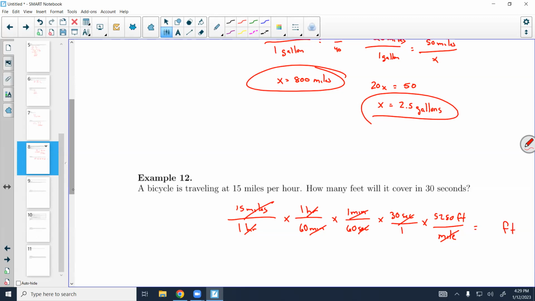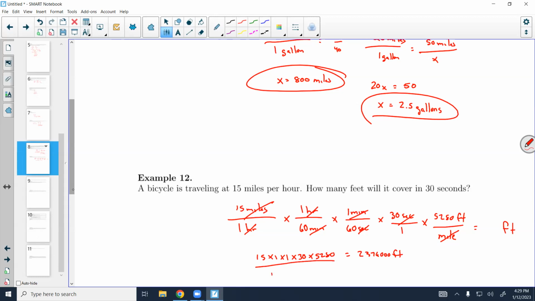So we multiply the top across. I have 15 times 1 times 1 times 30 times 5,280, which is 2,376,000 feet.